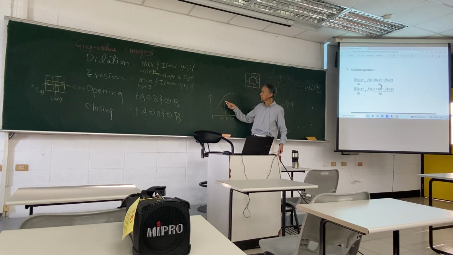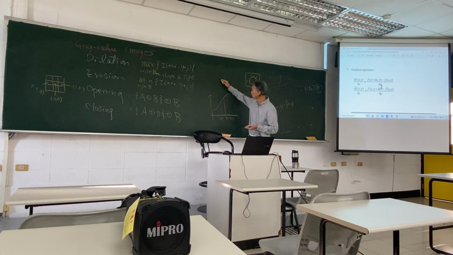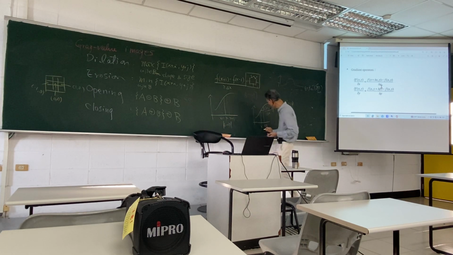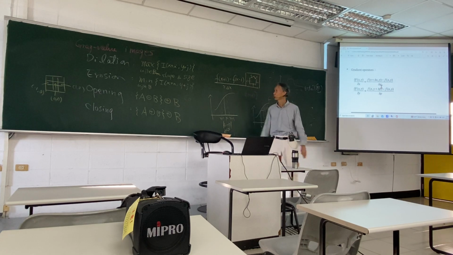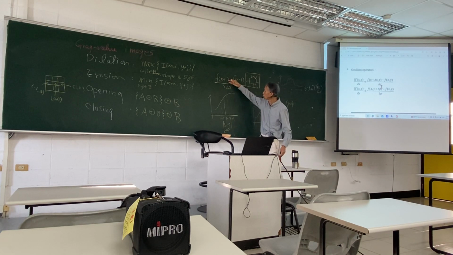This is the so-called centered derivative, where we take a difference of delta x on each side, so we take the center.